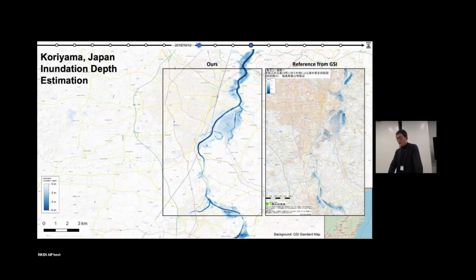So the Geospatial Information Authority of Japan usually publishes this kind of inundation depth map based on human visual interpretation of the aerial photographs. And we confirmed that our result was quite consistent.